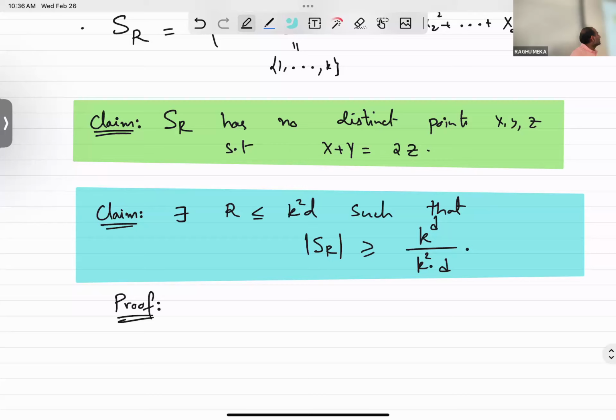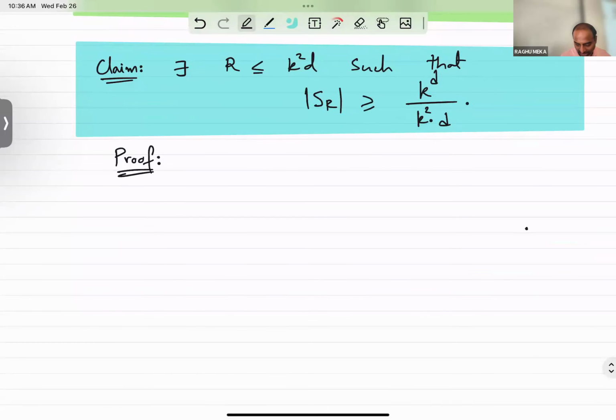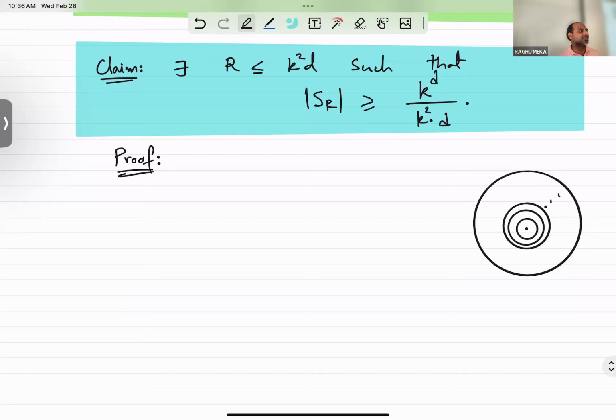Why should there be a radius which has a lot of points on that shell? Just imagine I'm drawing these shells: radius 1, radius 2, radius 3. Of course, all of this is happening in high dimensions. But I'm saying some shell must have a lot of points. Why is that?